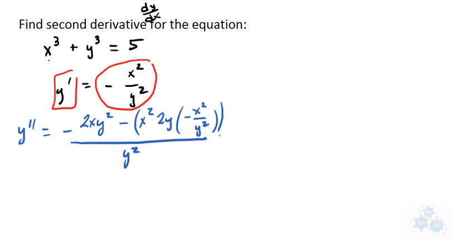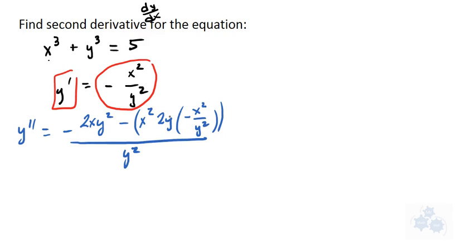At that point you want to substitute, because we don't want the second derivative in terms of x, y, and y prime. Just x and y is what we need.